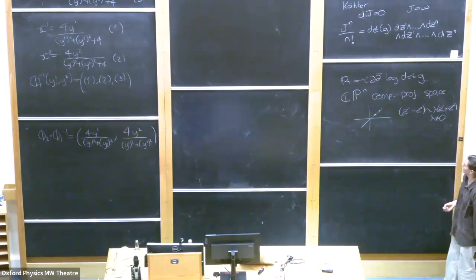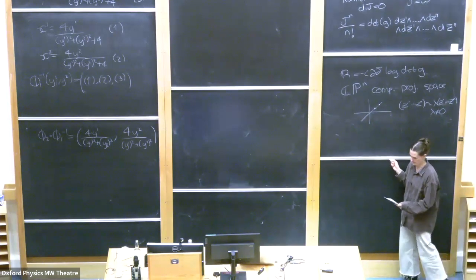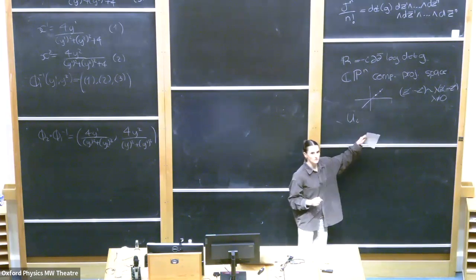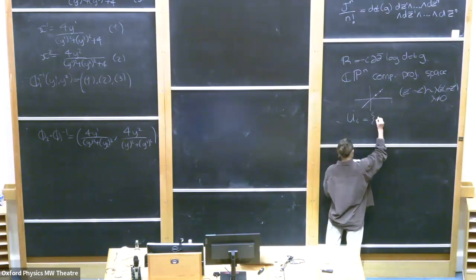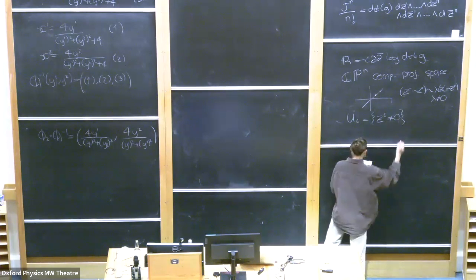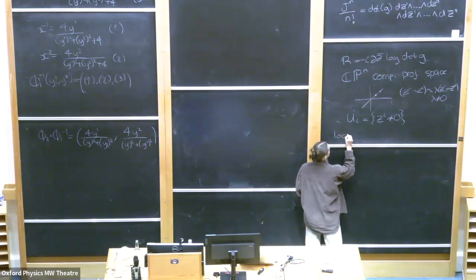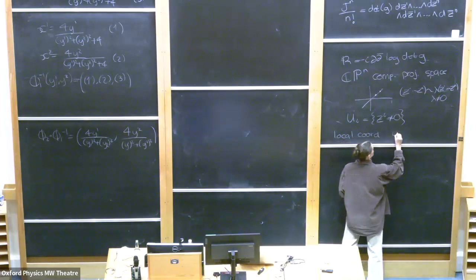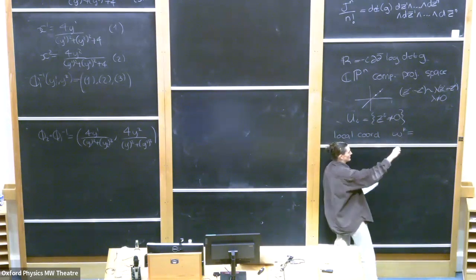And you can define a set of charts on your complex projective space just by setting one of your coordinates equal to some non-zero number, and then you can define local coordinates on these charts by dividing the remaining coordinates by the one you set to a non-zero number.